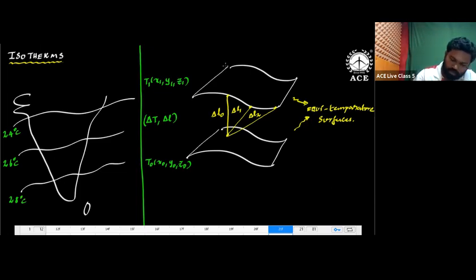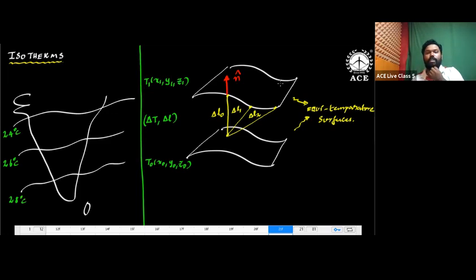Isn't it? What is the speciality of this one? This is a normal, normal to the level surfaces.